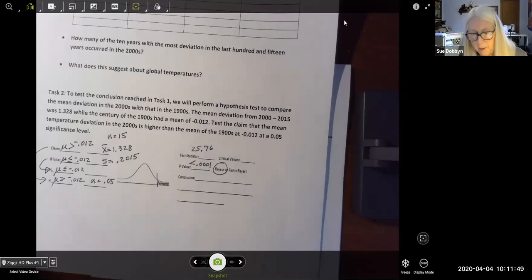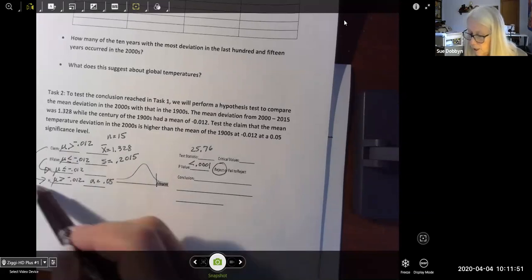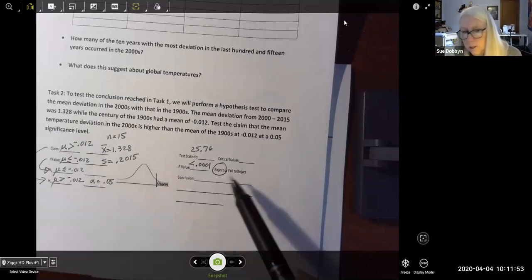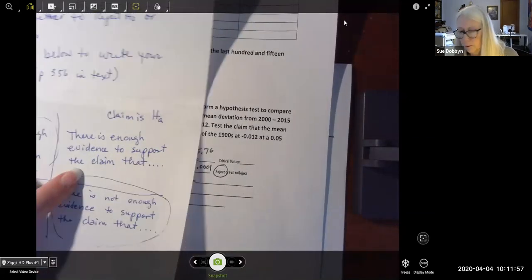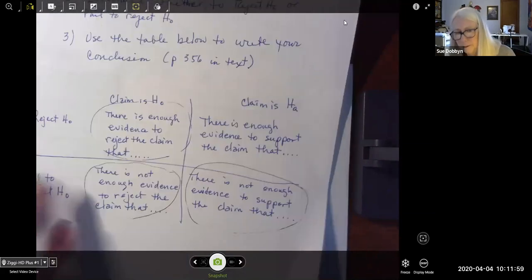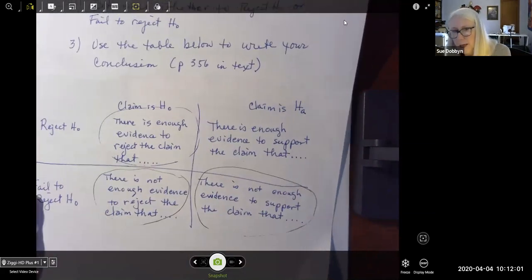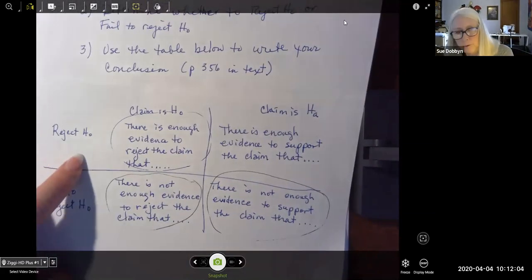See, claim became alternative, and our decision was to reject. So that's this box here. Claim was the alternative, and we rejected.